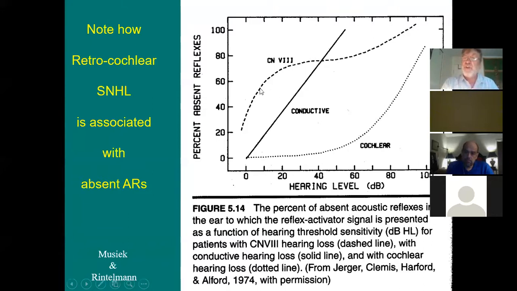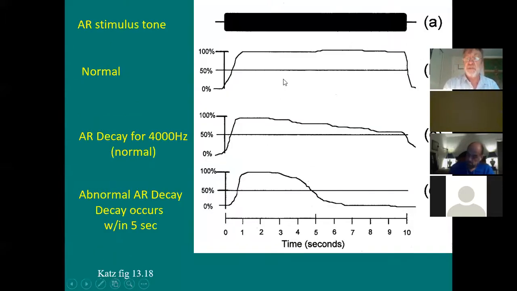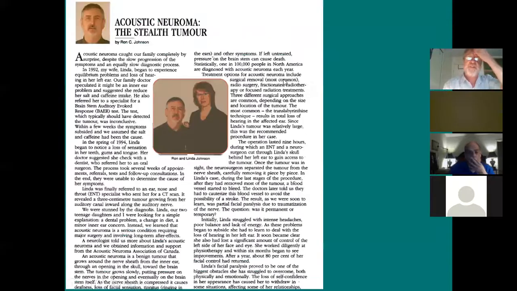Contrast that to 8th nerve tumor. By the time you have almost any hearing loss due to 8th nerve tumor, you have a rapid onset of absent acoustic reflexes. And that's what this picture is telling you. Okay? 8th nerve tumor is associated often with absent acoustic reflexes, more so than typical general sensory neural loss is. Just wanted to show you that.